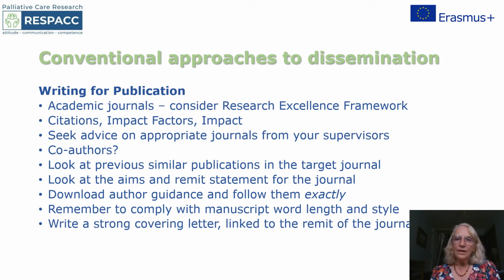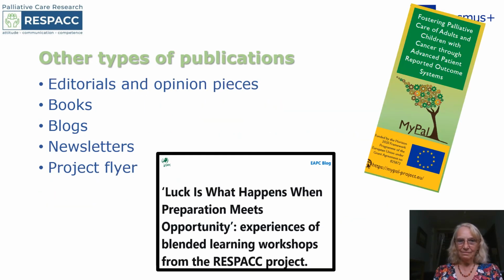So these are conventional approaches, writing for publication. And in RESPACC, we've focused on this quite a lot. So I'm not going to spend a lot of time on this particular slide, but it's just a reminder that writing for publication is an essential part of dissemination.